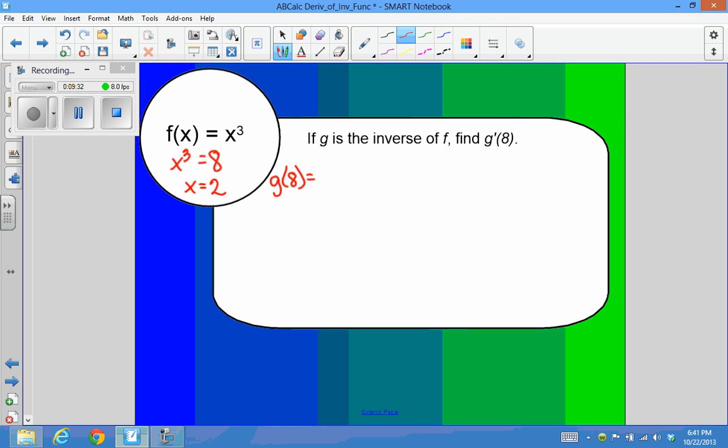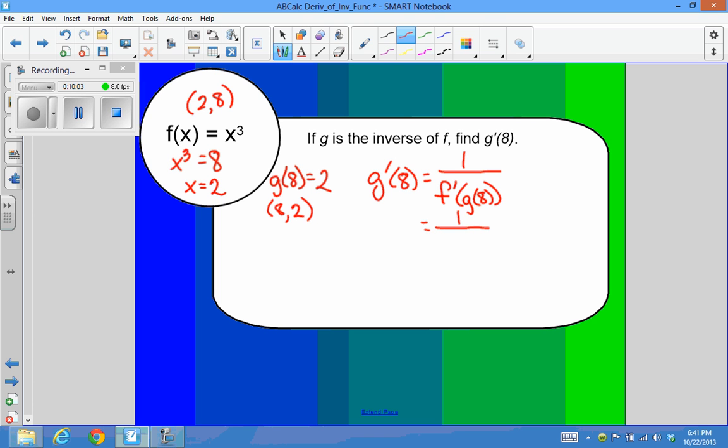Okay, so g at 8 then would have to equal 2. If the point over here in f of x is (2, 8), then the point in g of x has to be (8, 2). Okay, so remember if we're trying to find g prime at 8, that should be 1 over f prime of g at 8.